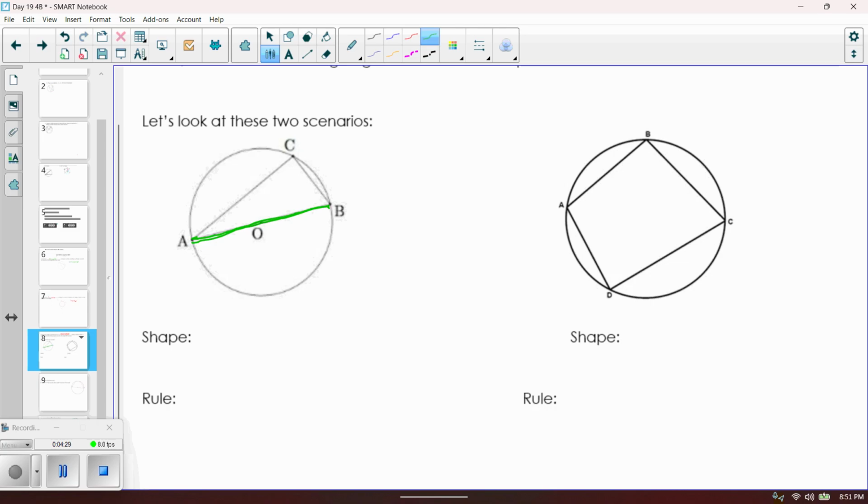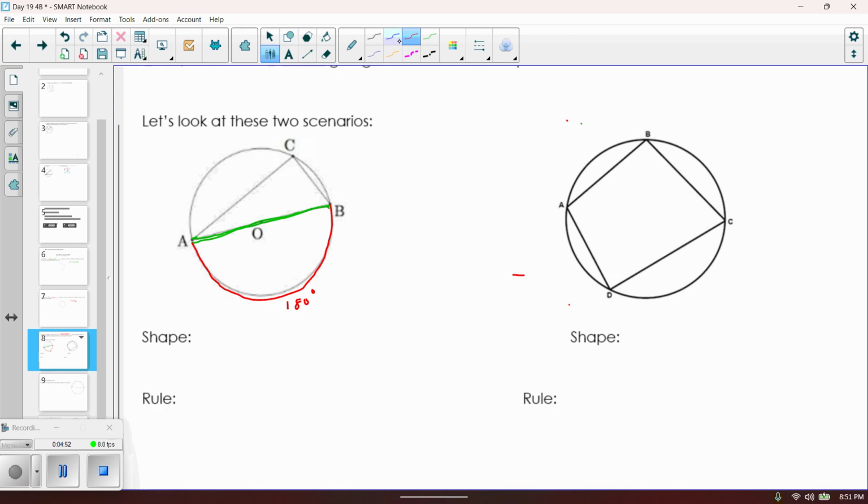What we know about a diameter is that it splits a circle in half, which means that this arc over here between A and B, I'm doing my best to trace it there, we know that is half of the circle. And the arc measure for half of the circle is 180 degrees. So now let's talk about why that's important.